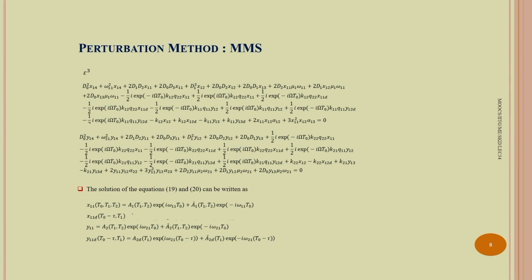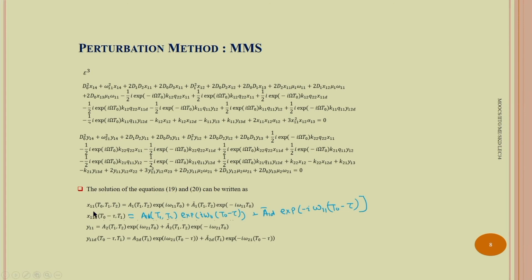Similarly, x11d can be written equal to a1d (t1, t2) e to the power i omega 11, where t0 will be replaced by t0 minus tau, plus a1 bar d e to the power minus i omega 11 (t0 minus tau). So, this way it can be written.